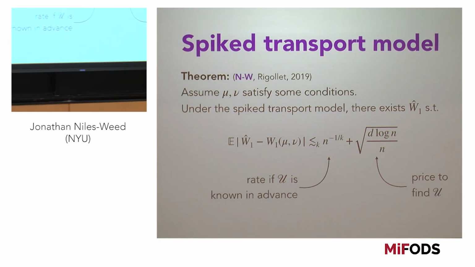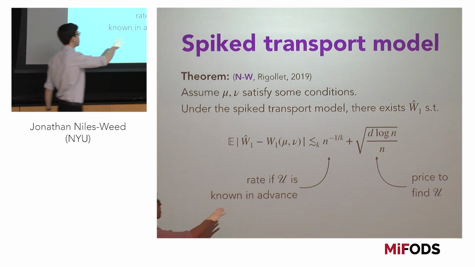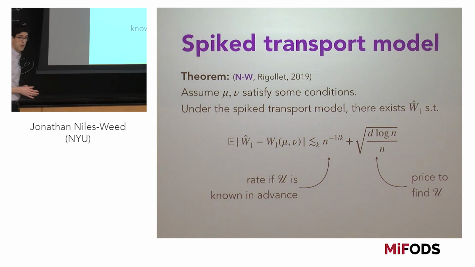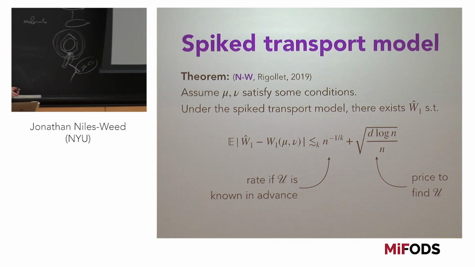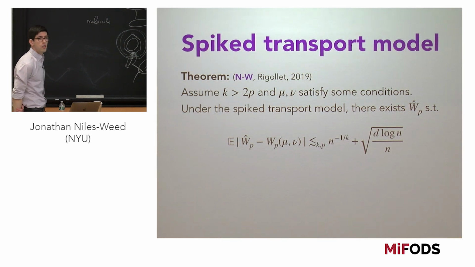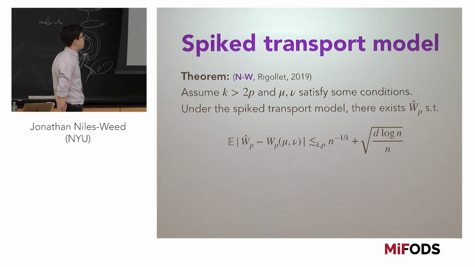I can't do anything better than linear, like this root d over n. And we already know that paying something like n to the negative 1 over k is mandatory up to log factors if I want to estimate the Wasserstein distance. The same thing works for general WP. I can play the same game, and I get basically the same story.